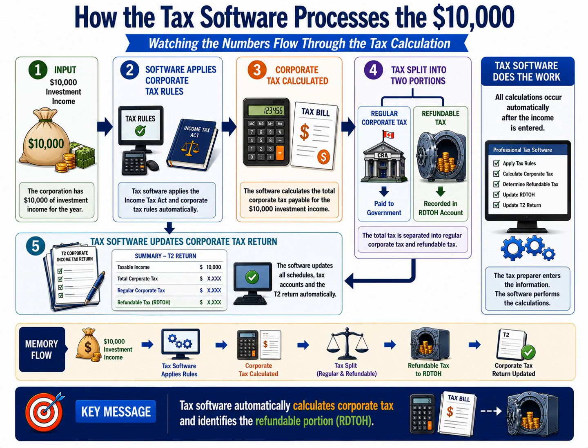This amount is identified by the software and is automatically recorded in the corporation's Refundable Dividend Tax on Hand, or RDTOH, account. At the same time, the software updates the corporation's T2 corporate income tax return. The appropriate schedules, tax accounts, and supporting calculations are all updated automatically, ensuring that the tax return reflects the correct treatment of the investment income.